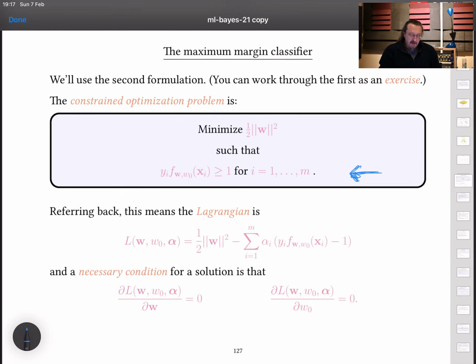So we can write down the Lagrangian, which gives us this expression. Okay, it's just the function that we're optimizing, minus, now a sum with one element for each constraint, with a Lagrange multiplier, alpha, and the constraint that we're trying to impose.